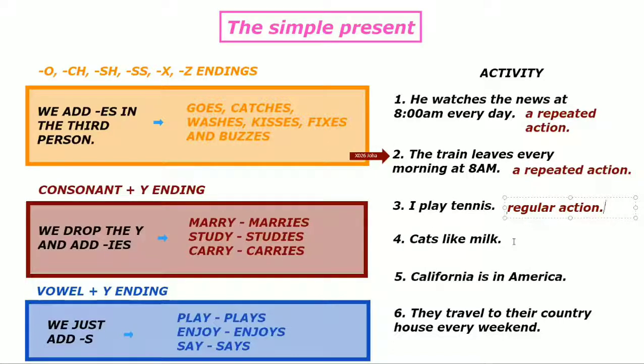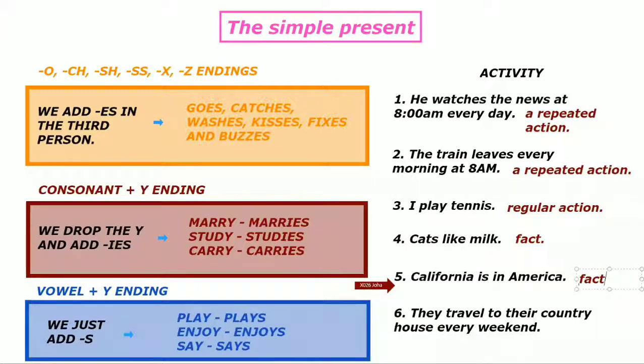What about number 4? In number 4, we have cats like milk. Cats like milk. And this one is a fact. California is in America is number 5. And this one is also a fact.